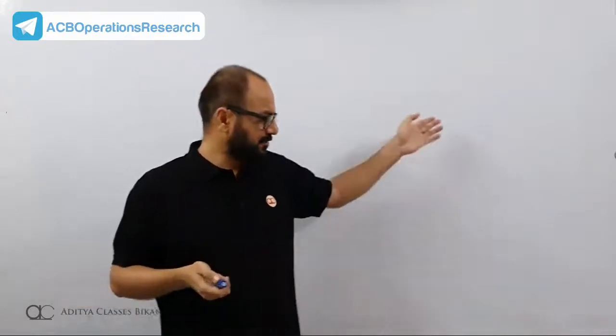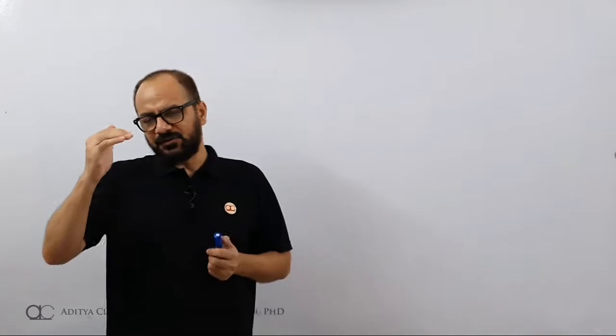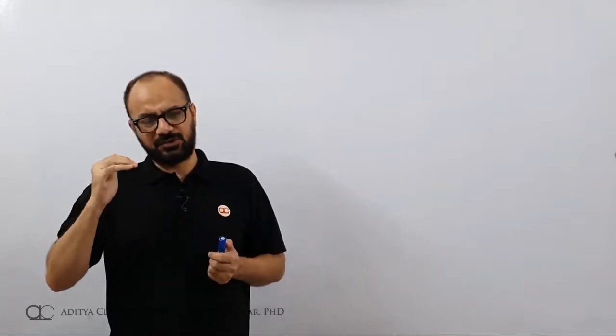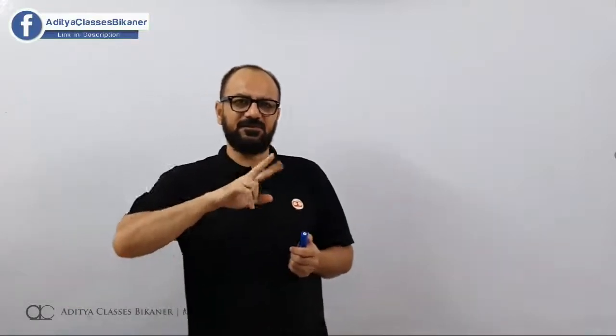So we'll put up our question over here, then we'll solve it using the two-phase method. One more thing: in the two-phase method we have a first phase and a second phase.